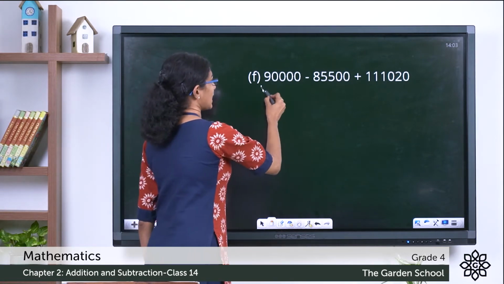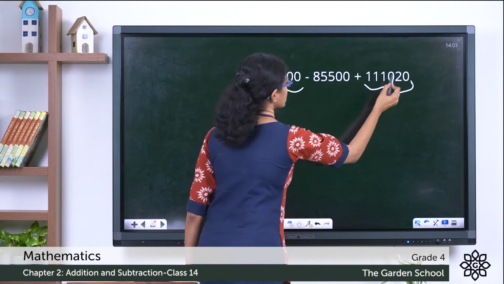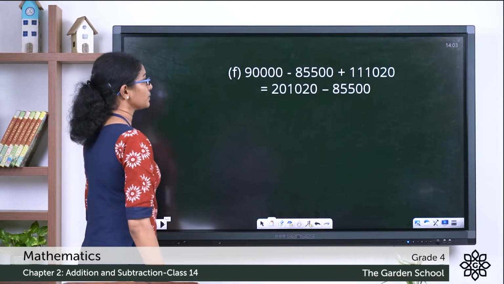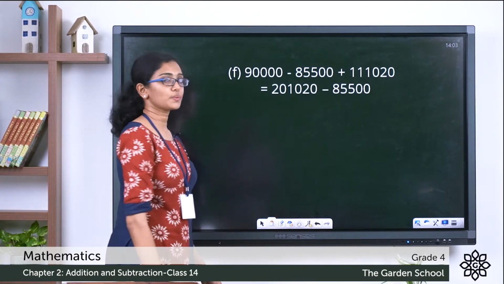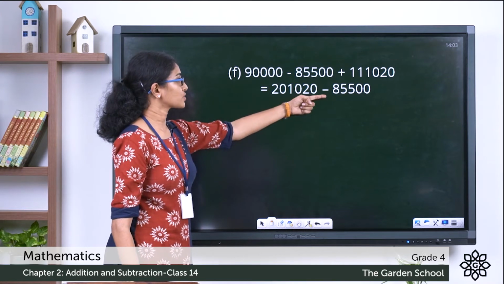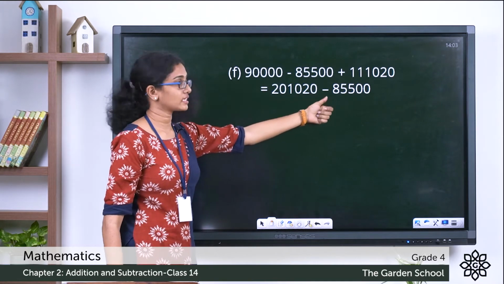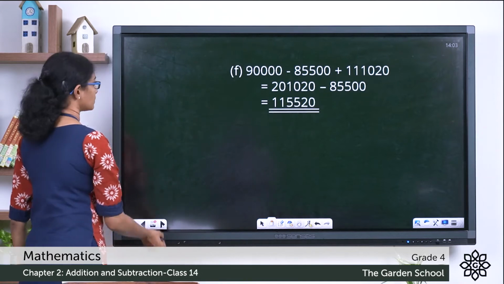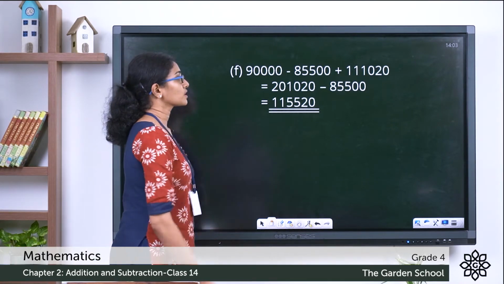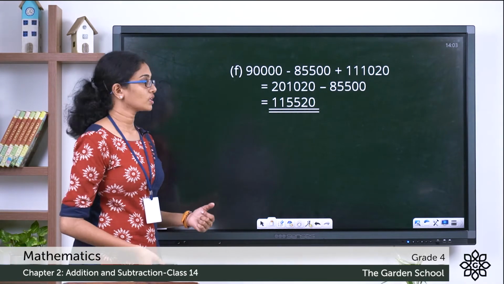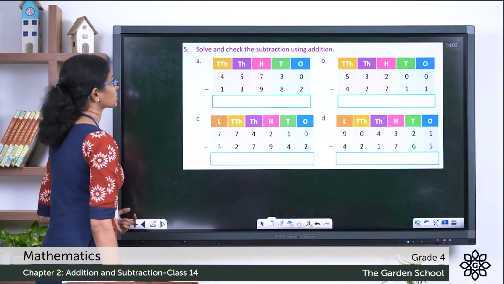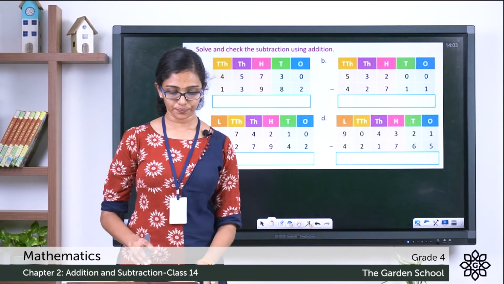So here the addends are this one and this one. So adding them will give you the sum 2,01,020 and the subtraction. The subtrahend is subtracted. So that will give you the difference 1,15,520. So those are the 6 questions of question 4.